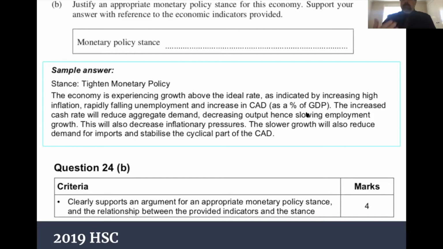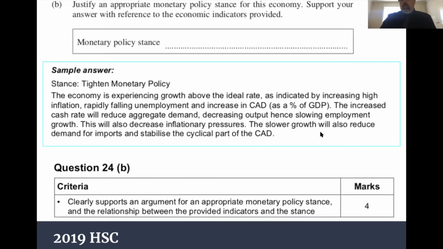The mechanics of it then would be the justification. The increase in the cash rate will reduce aggregate demand, decreasing output, hence slowing employment growth. This will decrease inflationary pressures. The slower growth will also reduce demand for imports and stabilise the cyclical component of the current account.